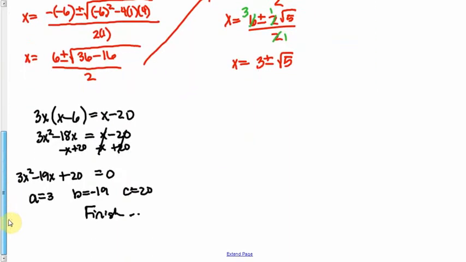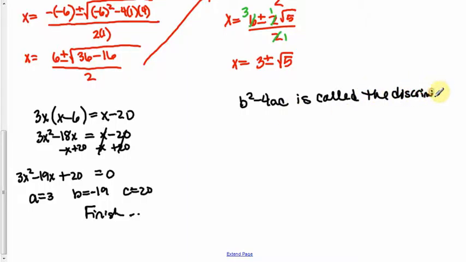So b squared minus 4ac is called the discriminant. The discriminant can tell you how many solutions and what kinds of solutions you are going to have.